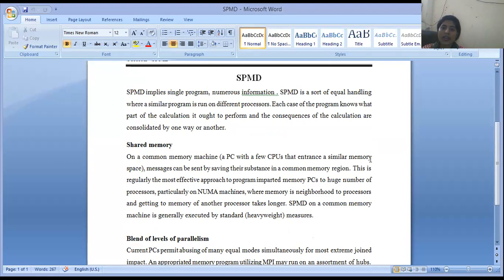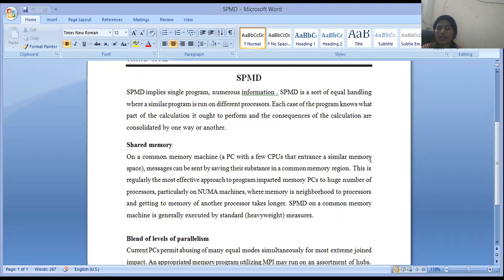SPMD is a sort of parallel handling where the same program is running as different processes on multiple processors. Each piece of the program knows what part of the calculation to perform, and the outputs of the calculations are also consolidated quickly.